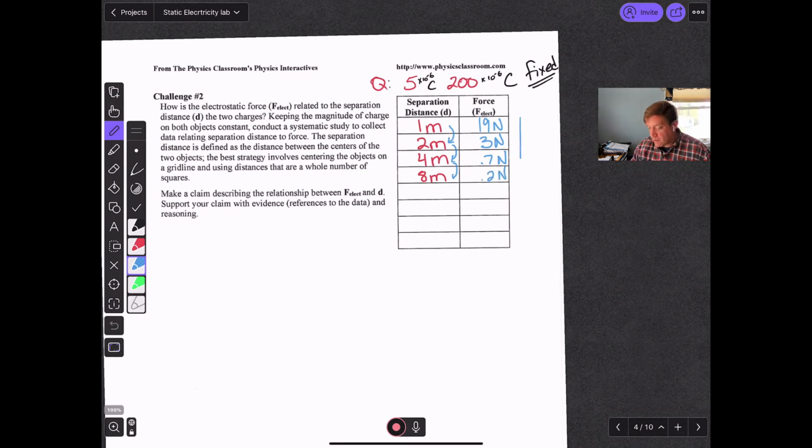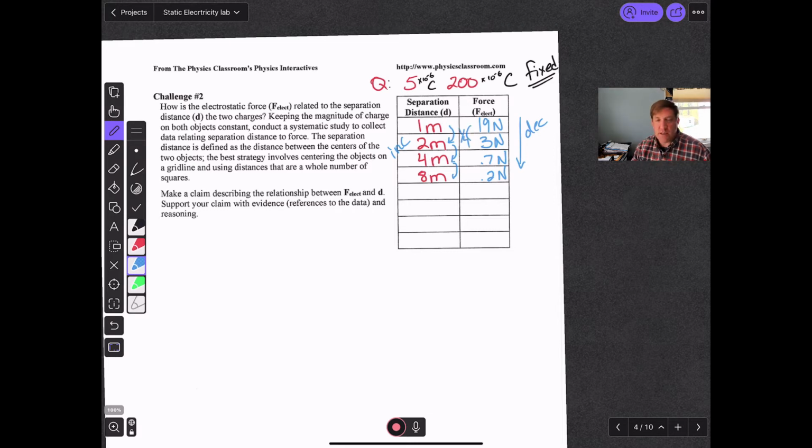And I'm noticing that as my distance increases, my force is decreasing a lot. And that is called an exponential decrease. It's a little hard to figure out where that comes from, but essentially, when you double the distance, the force is approximately 1/4.